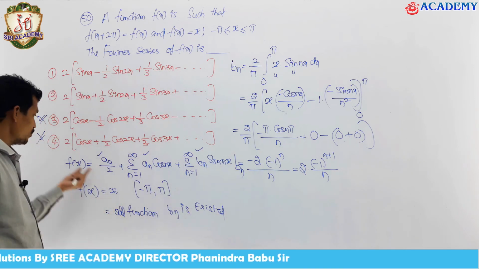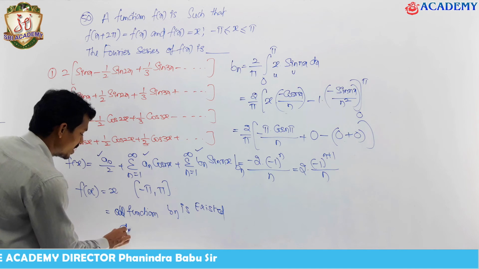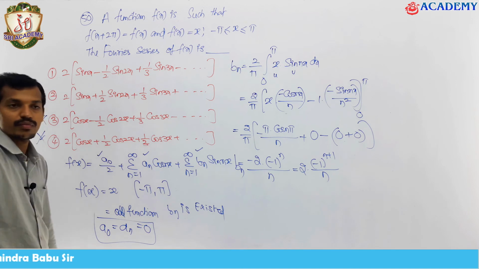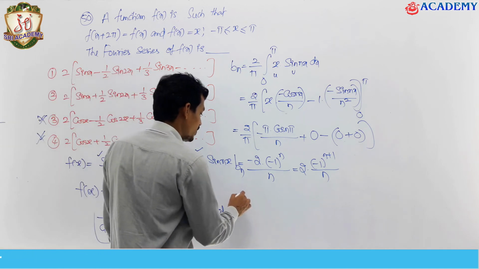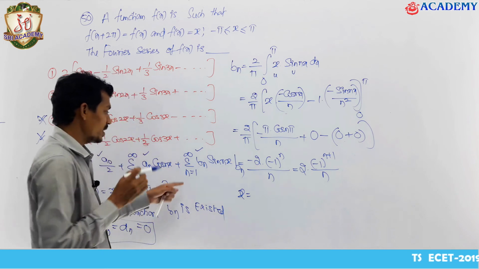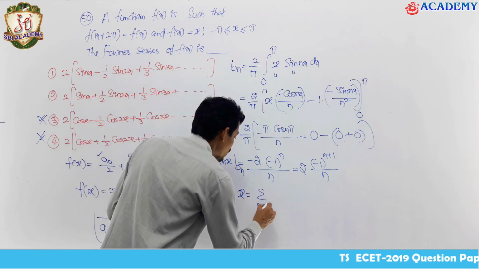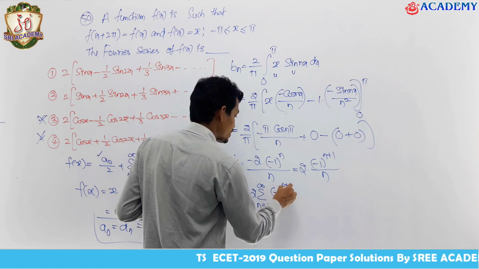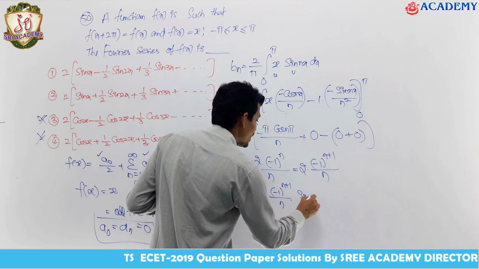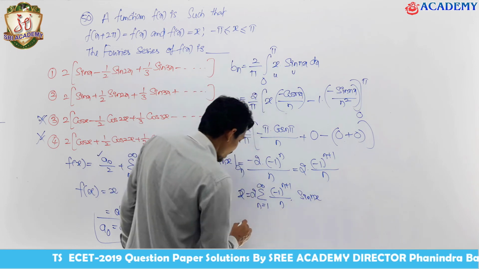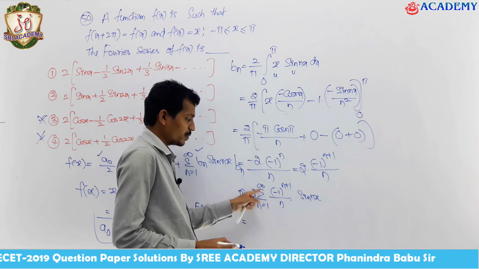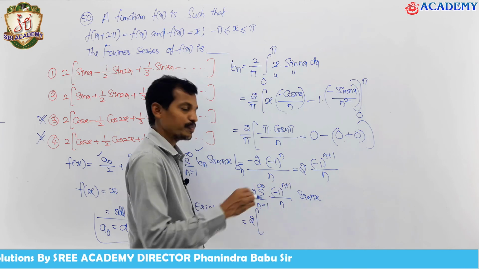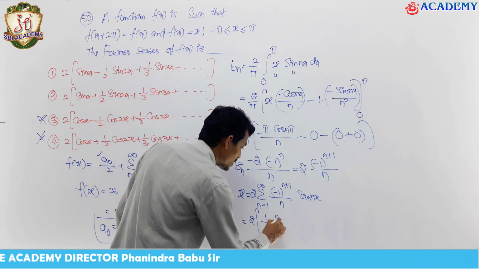If you write here, a0 and an both are going to be zeros. From there the function is f of x, that is x, equals sigma n equal to 1 to infinity, Bn, which is 2 as a constant, minus 1 to the power of n plus 1 divided by n into sin nx. If you write n from 1 to infinity, 2 is common. For n equal to 1, minus 1 to the power of 1 plus 1 is positive, 1 by 1 into sin x.